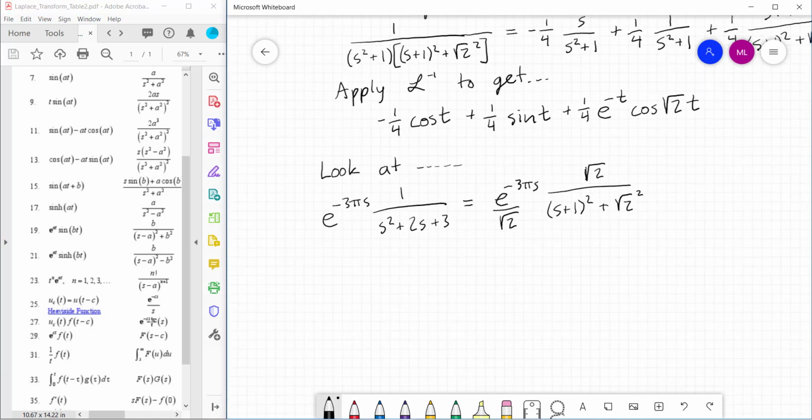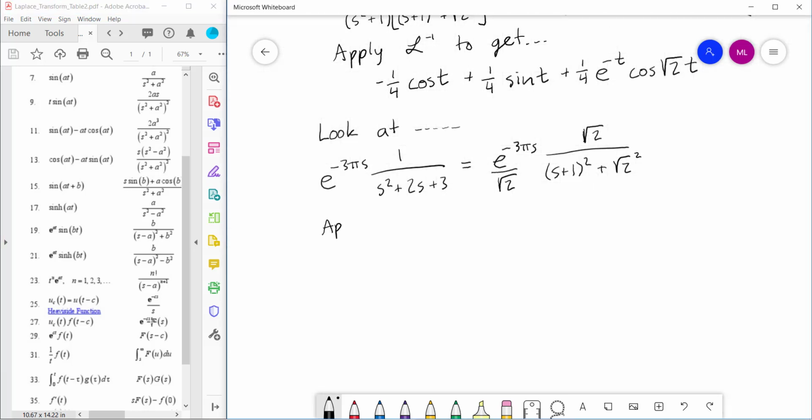Essentially, we want to apply this formula that says the inverse Laplace transform of e to the negative cs times f of s, which is what we're looking at right here. Here's our e to the negative cs, this is our f of s, and we just have a constant pulled out in front of the whole thing. That is equal to u sub c of t times f of t minus c.